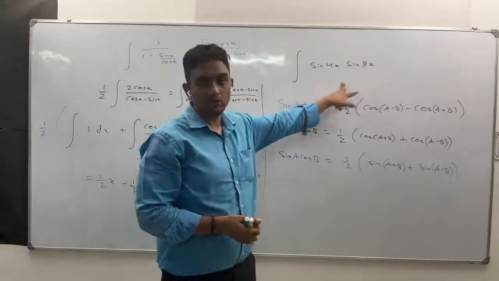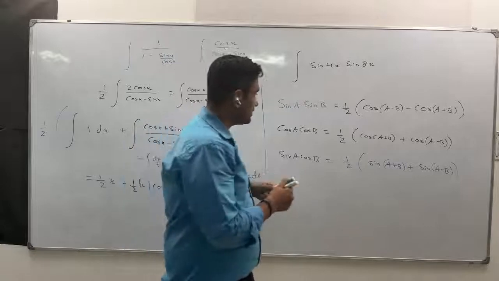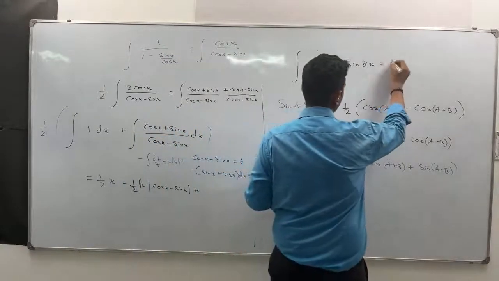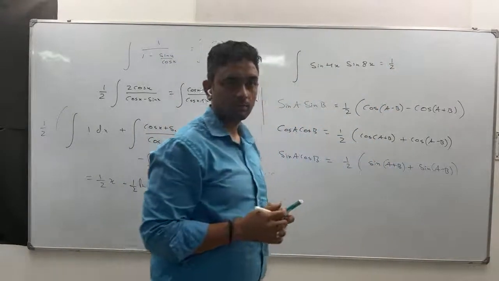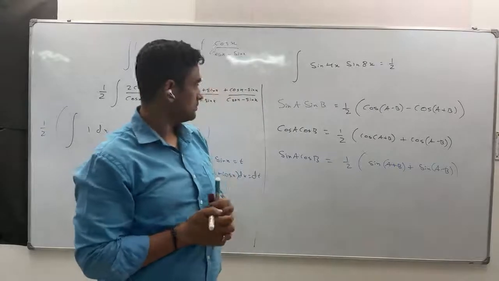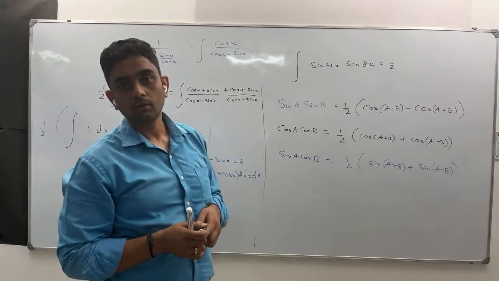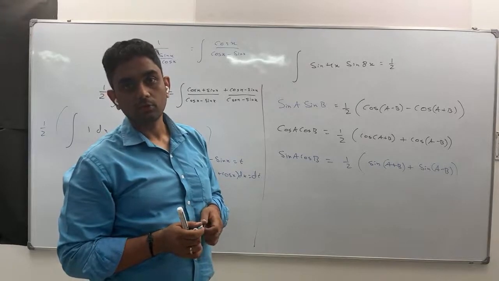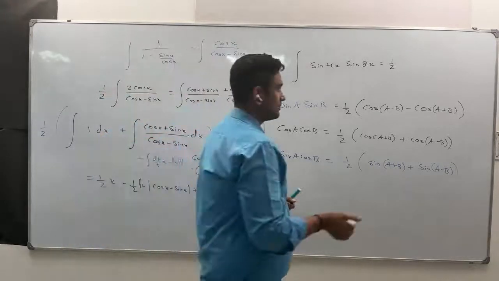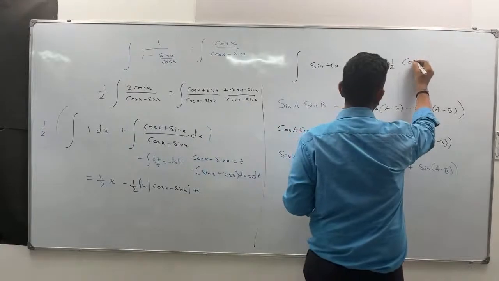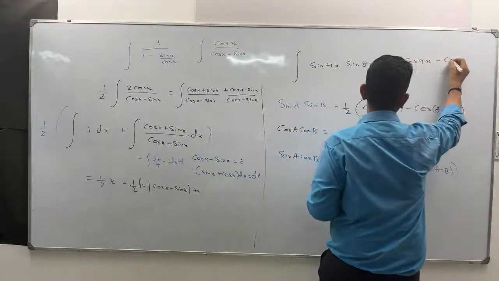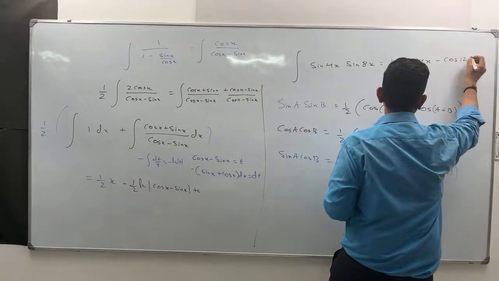Now, how will I do this question? Tell me what we will get. Half of cos of 4x minus cos of 12x.